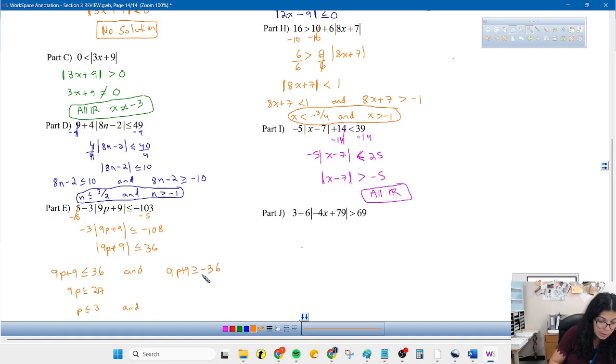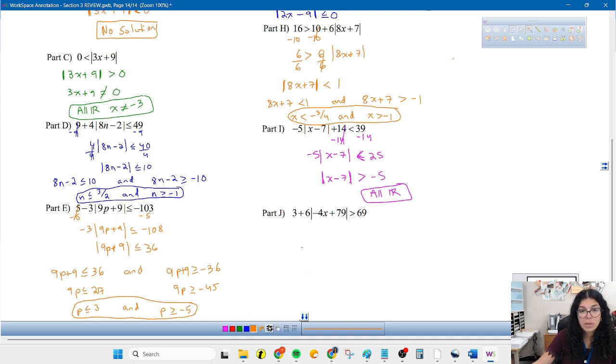And subtract 9 on this side, we get 9p is greater than or equal to negative 45. Divide by 9, p is greater than or equal to negative 5. So p would have to be between negative 5 and 3.